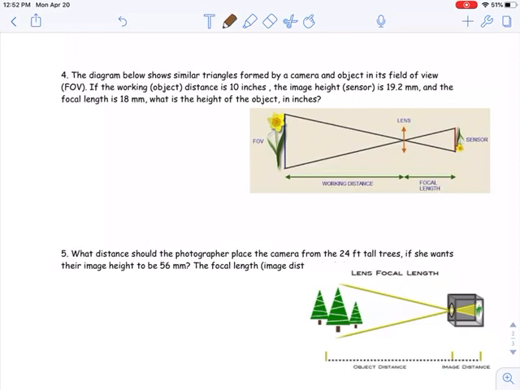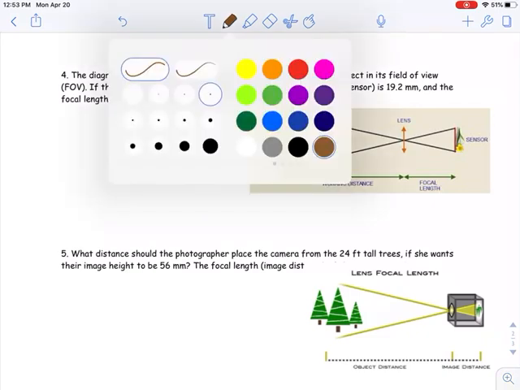The diagram below shows similar triangles formed by a camera and object in its field of view, FOV. If the working object distance is 10 inches, the image height sensor is 19.2 millimeters, and the focal length is 18 millimeters. What is the height of the object in inches? All right, so a lot going on in here.